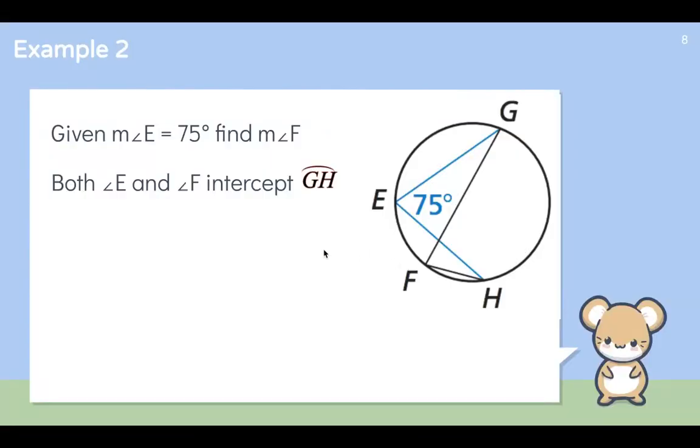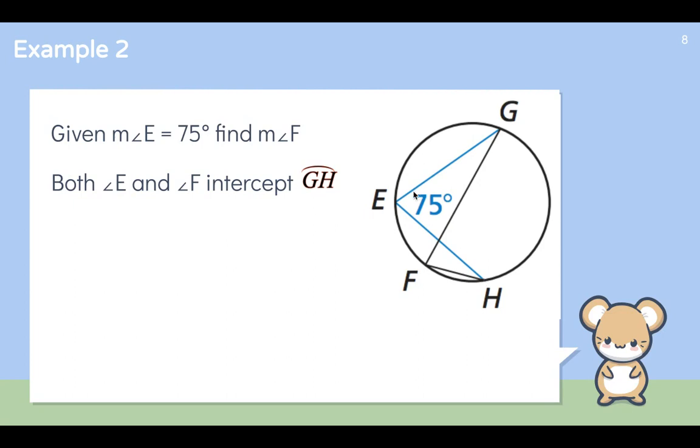All right, so let's go ahead and use this to do some examples. Given that the measure of angle E is equal to 75 degrees, find the measure of angle F. Here we have a circle, and this blue angle, angle GEH, intercepts this big arc, arc GH. But you also have this black angle, angle GFH, which intercepts the exact same arc, arc GH.